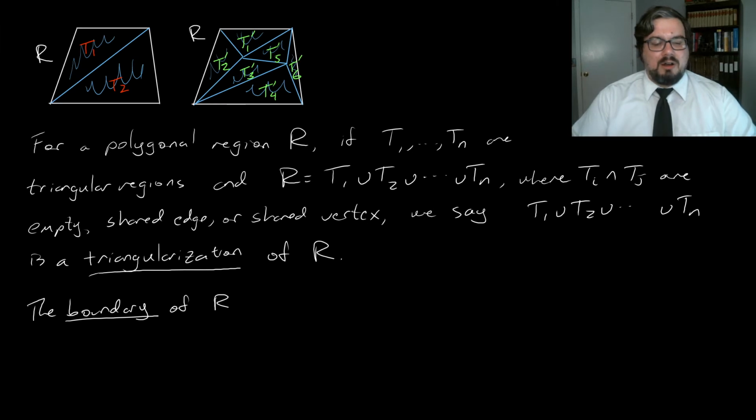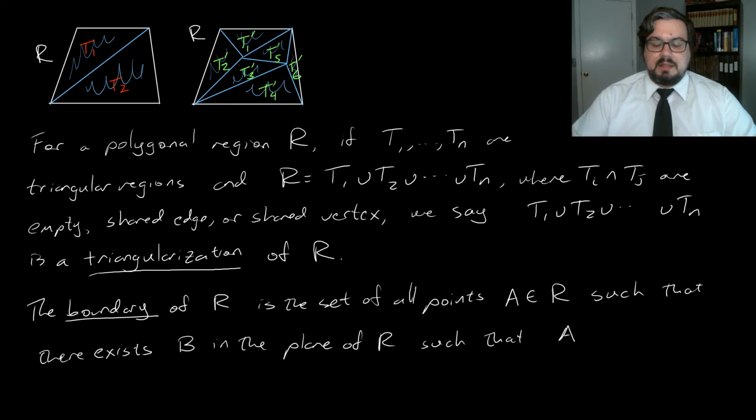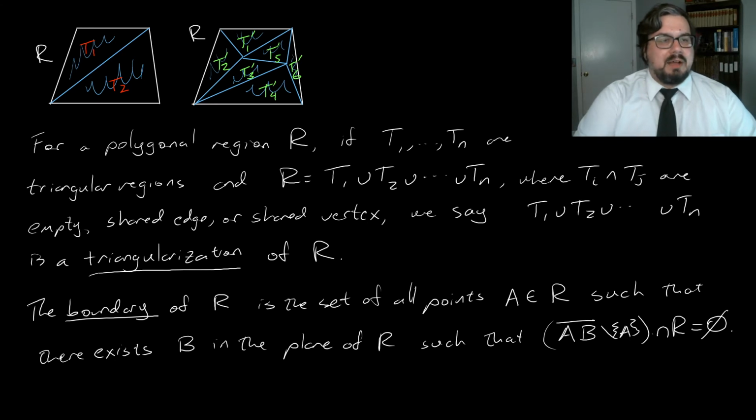So the boundary of R is the set of all points A belonging to R, such that there exists a point B in the plane of R such that the segment AB, except for A, intersect R is empty. So how does this work?